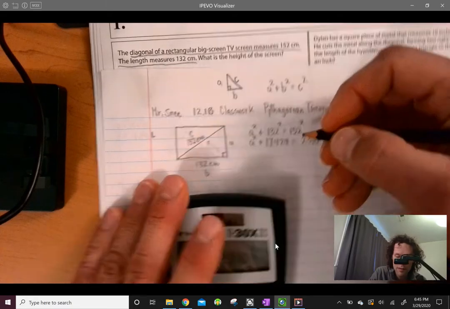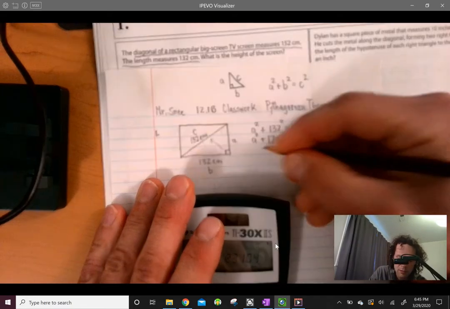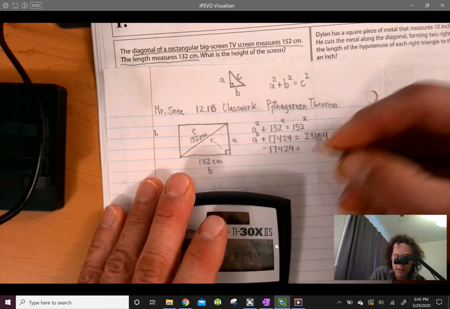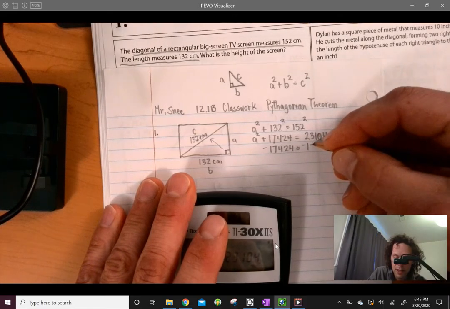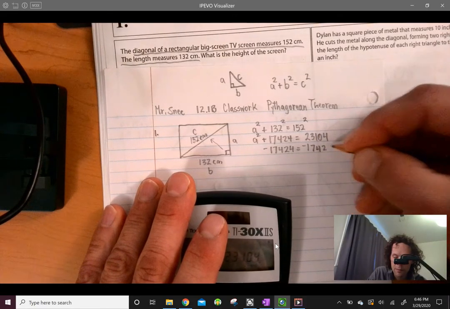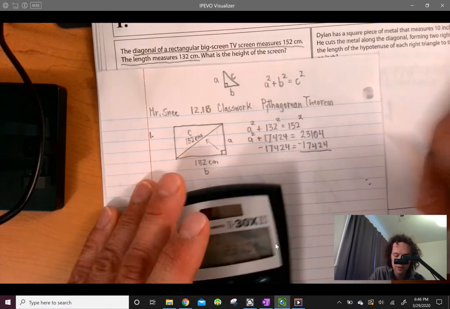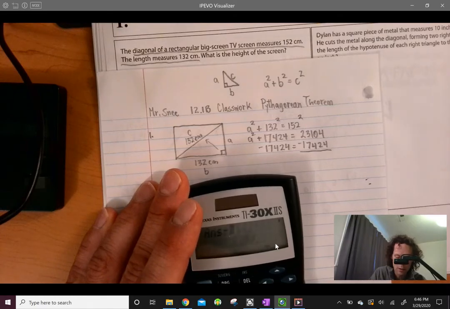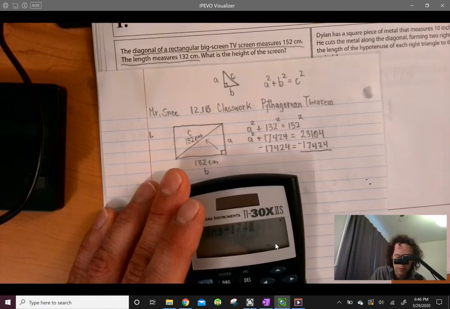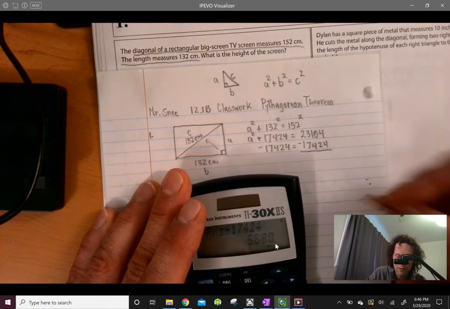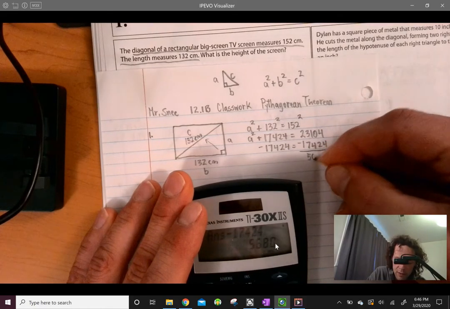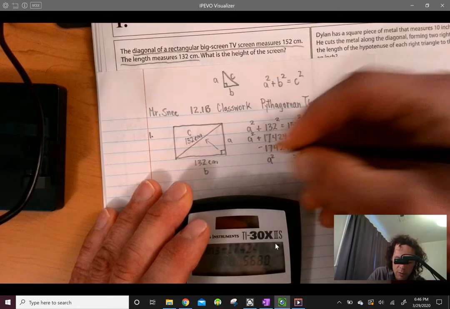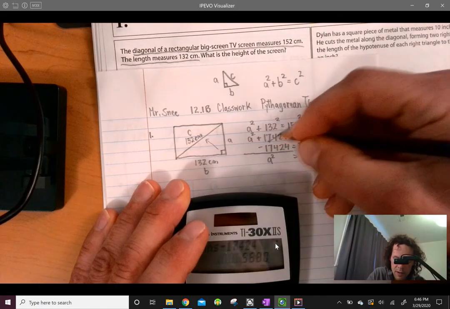And now I just have this two-step equation where I subtract this value from both sides so that I can isolate my variable, so I can get that a all by itself. And if I do 23,104 and I subtract 17,424, I get 5,680. And that's equal to a squared. So if I take the square root of both sides, right, these canceled out here.